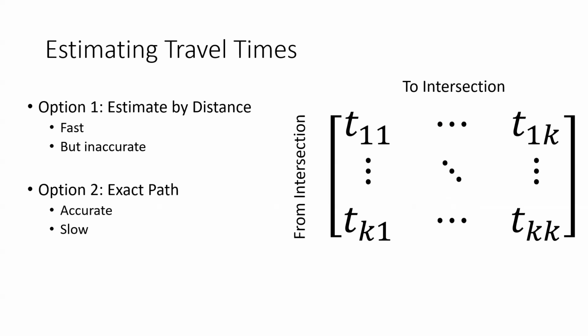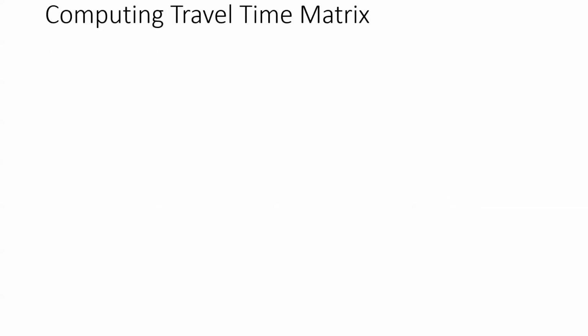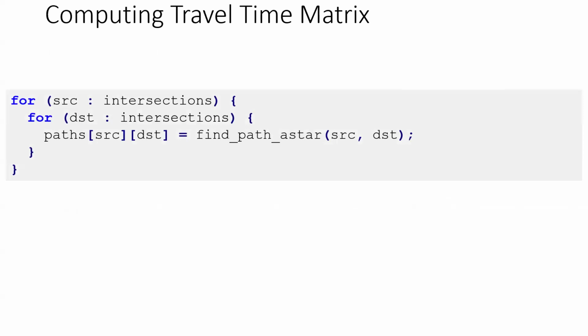It's accurate but slow. So what we are going to do, the slowest but the most intuitive way, is to loop through all of the sources and all of the destinations, and find the path using A star.